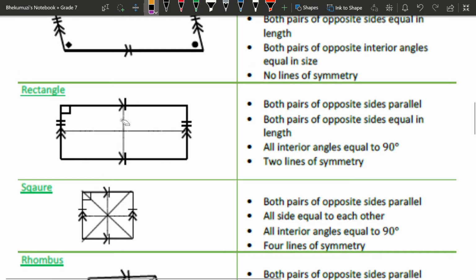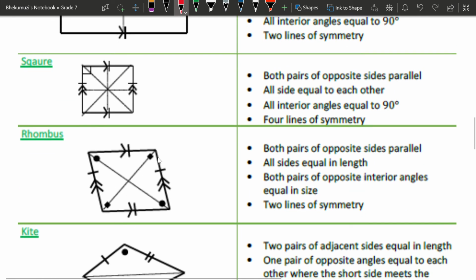Okay. And then we have a rectangle. With the rectangle, if you can see, we have two lines of symmetry. All interior angles equal 90, meaning everywhere at the corners it's 90 degrees, right? And then both pairs of opposite sides are equal in length, and also you find that opposite sides are parallel as well, right?